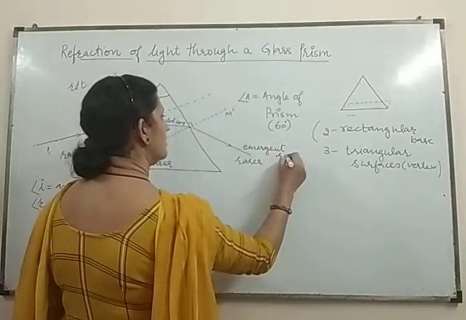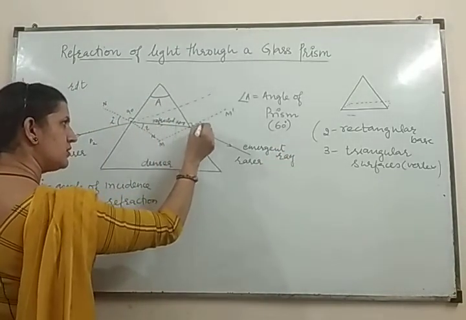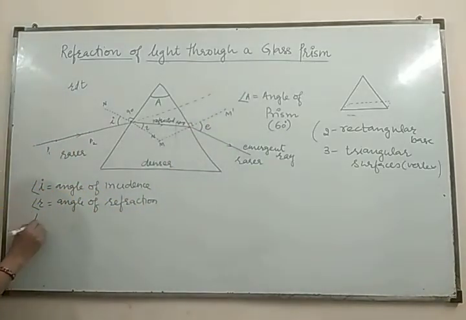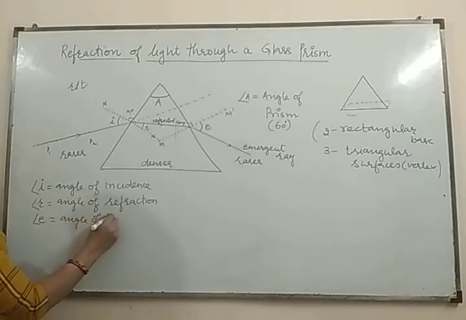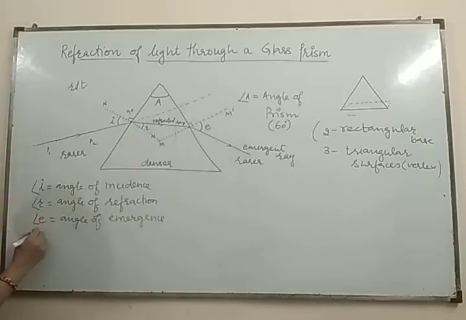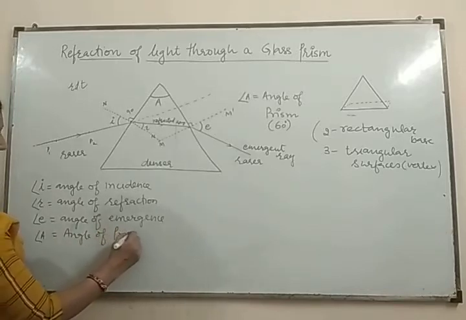And the angle between the normal and the emergent ray is the angle of emergence. So E is here the angle of emergence. I have told you angle A is the angle of prism.